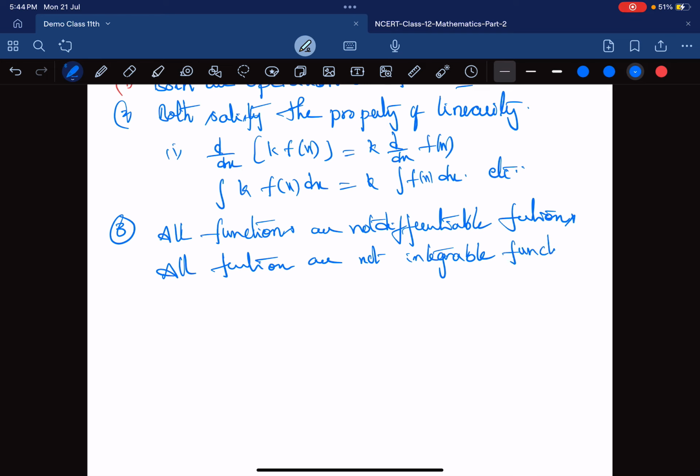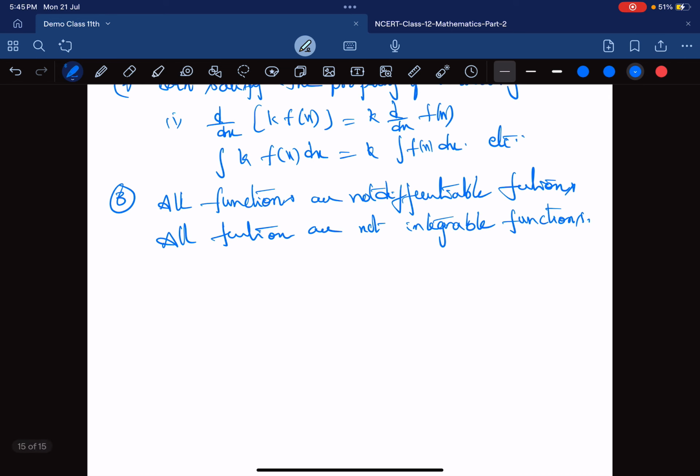All functions are not differentiable and all functions are not integrable. We will learn more about non-differentiable and non-integrable functions in higher classes.